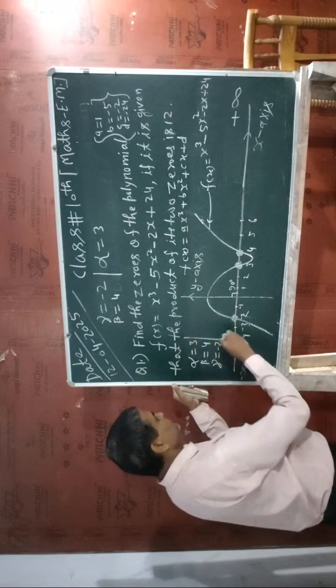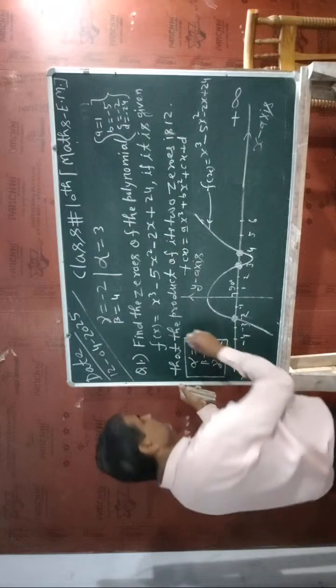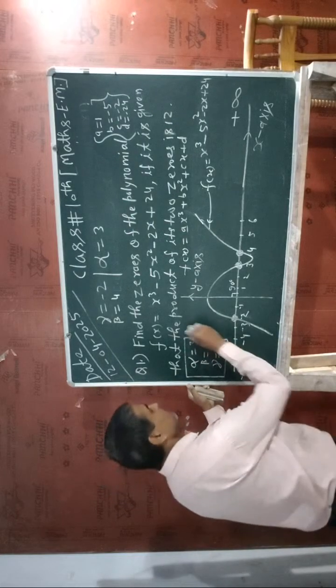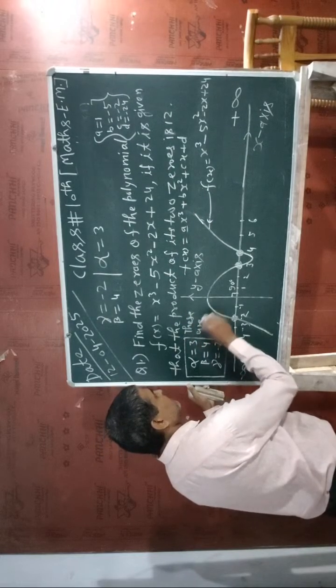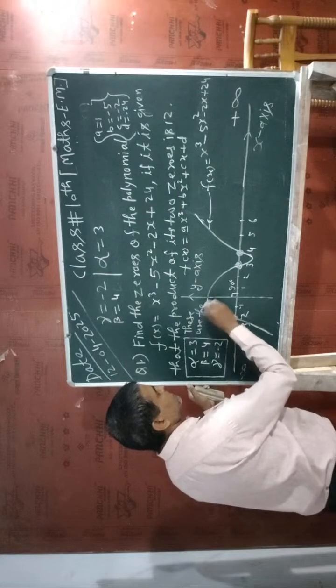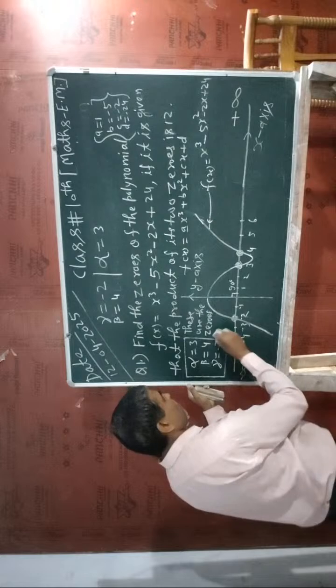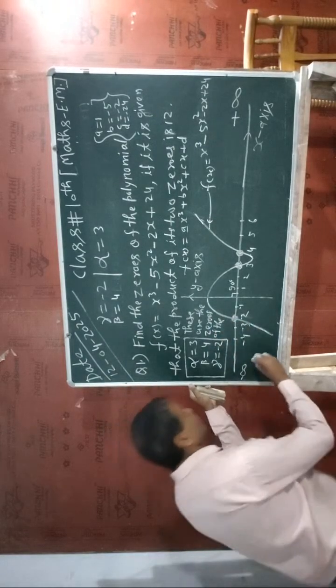This is the answer of the given question. These are the zeros of the given polynomial.